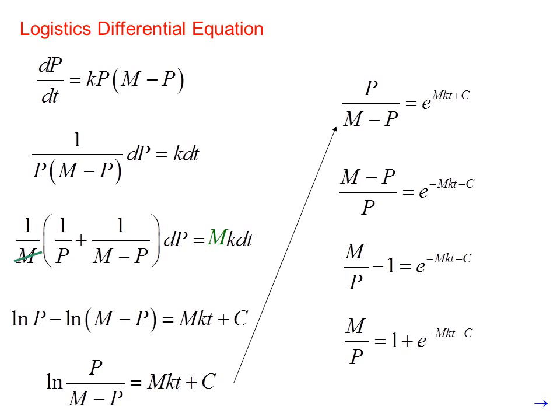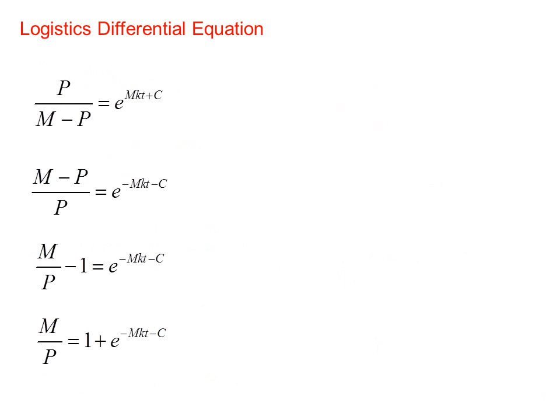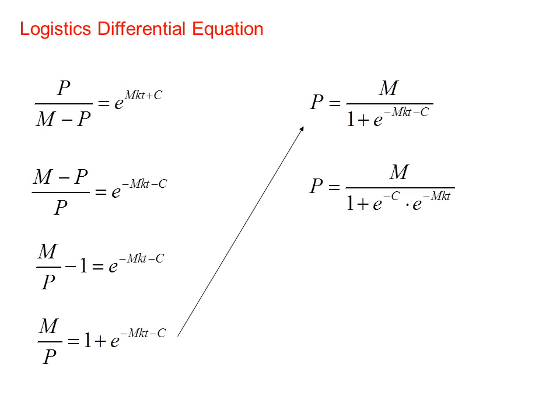Then we add 1 to both sides. Solving for P gives us M over 1 plus e to the negative Mkt minus C. Then we can separate e to the negative Mkt and e to the negative C, so it becomes multiplication.